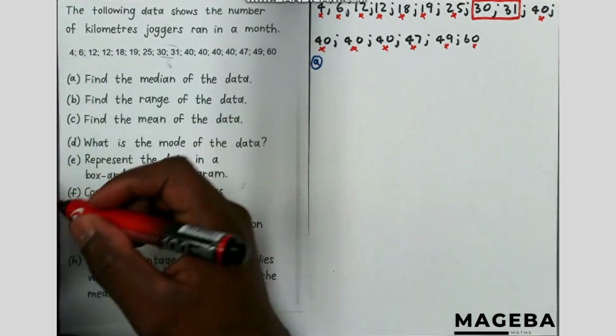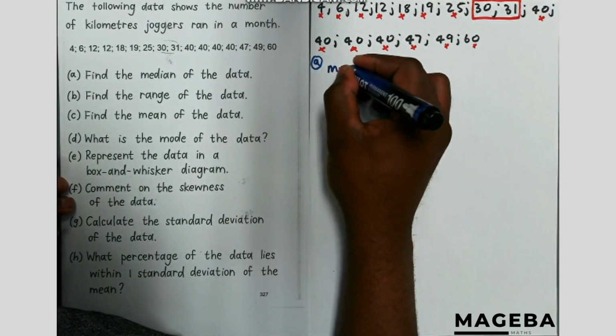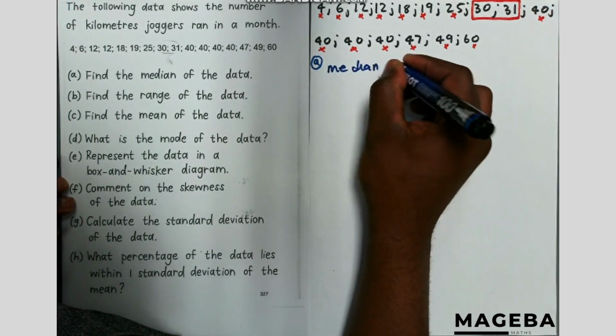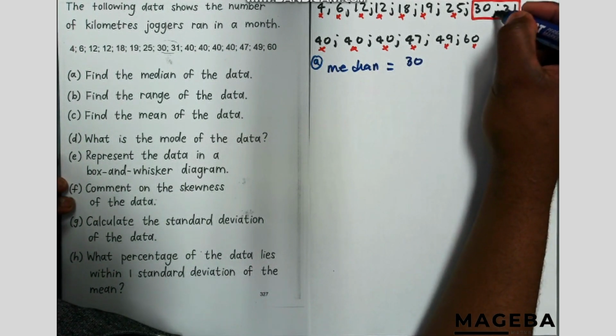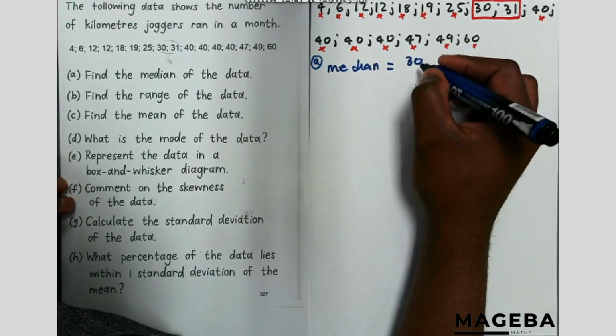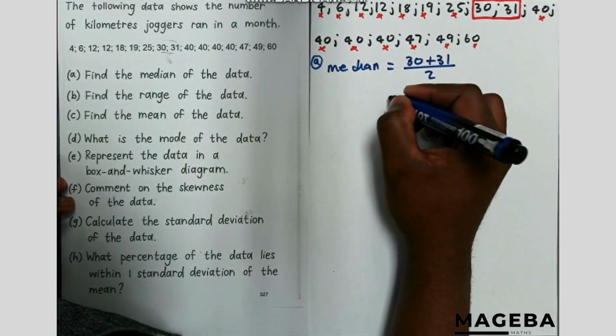So to find my median now, I'm going to take these two numbers, because my median is between them. I'm going to add them and divide by 2.